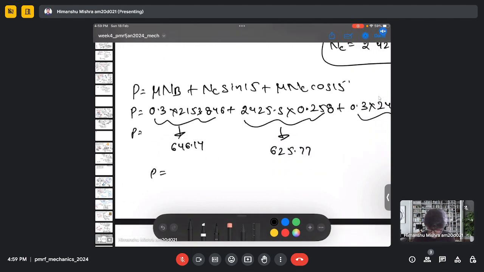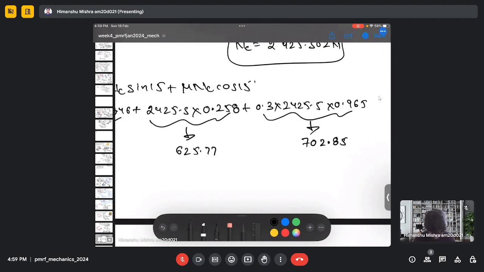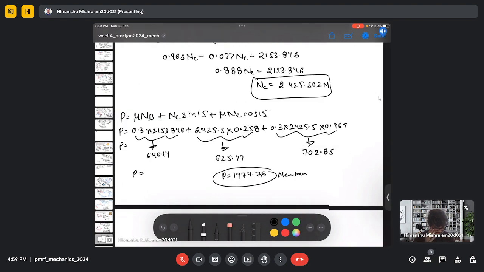So my external force will be 1974.76 Newton. So this is my external force.